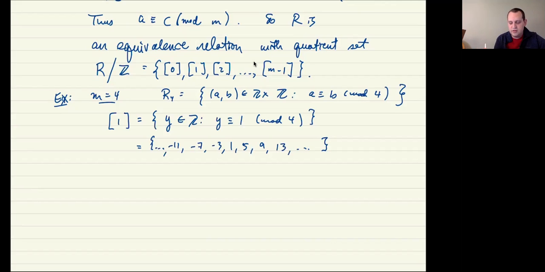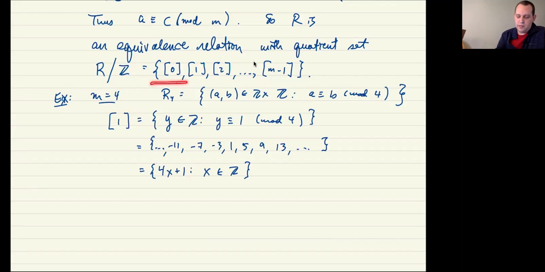Okay, and so it turns out that all of the integers, you can also write this as the set of integers, let's say 4 times x plus 1, where x is an integer. So all of the integers of that form that are going to be multiples of 4 plus 1 will be this equivalence set. And so that's why you can think of the quotient set as the set of all the remainders, right?